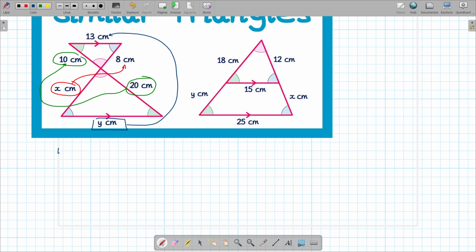So we have the following. We have y divided by 13, and this is going to be equal to 20 divided by 10, and this is also going to be equal to x divided by 8. You may realize that I can simplify this, and here my answer will be 2.